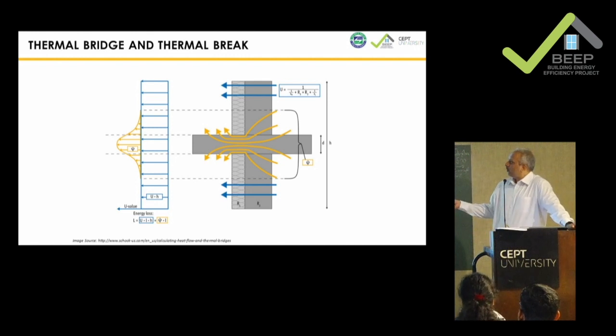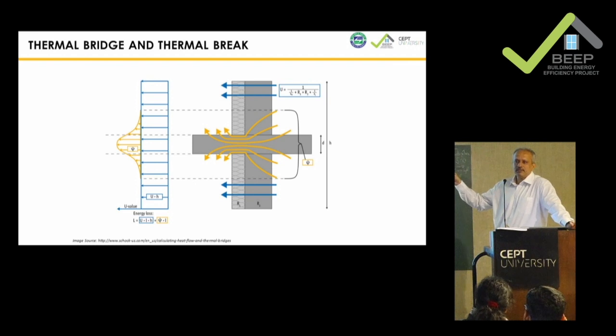So if I have a floor and a wall, just imagine this is a balcony floor, and this is my bedroom. I have put in insulation either inside or outside, which is a different case, but let's say I have put in insulation here. But this slab, which is in contact with the outdoors, through conduction is still going to transfer some heat, right? And this is a thermal bridge, okay?